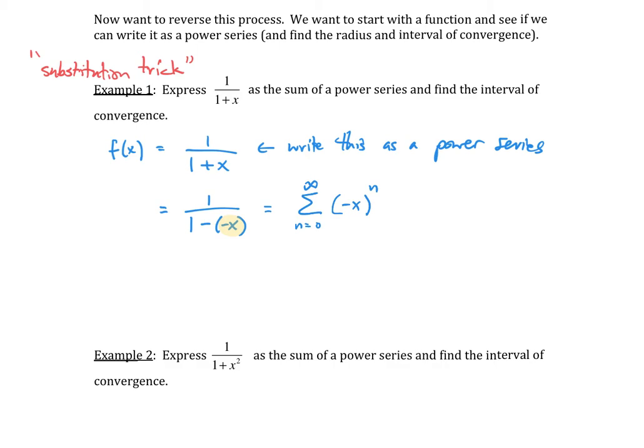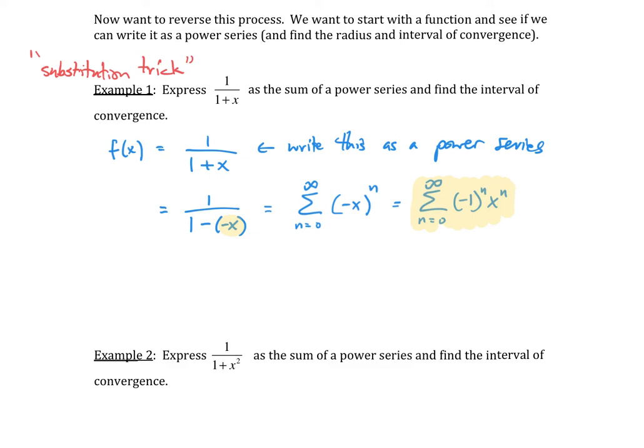We express that by writing the summation as n goes from 0 to infinity, separating out the negative from the x. So this will be negative 1 to the n and then x to the n. I want you to notice that we have an alternating term over here. So this is an example of an alternating series. Since this is my answer, I'm just going to highlight this answer here.